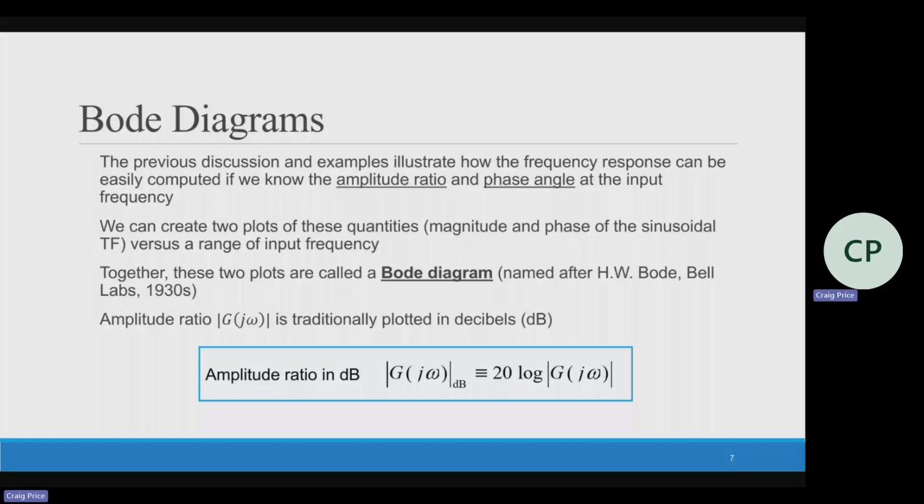So let's say I have a magnitude here. If I want to plot it on the Bode plot, we're going to take 20 log of that. So that's log base 10. So that's one thing. As I look at these diagrams, it is plotted in decibels. So this is the conversion. Go back and forth.